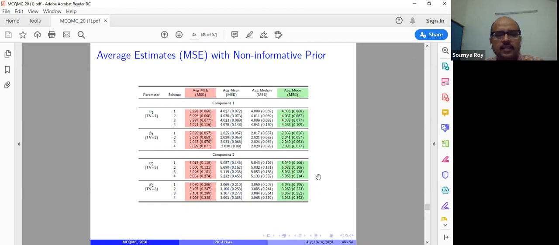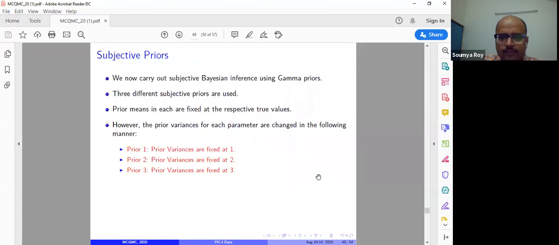So as a result, the precision actually goes down as we move from scheme 1 to scheme 4. Interestingly, among these Bayesian estimators, the posterior mode seems to perform well with respect to MAC. However, if you look at the bias, possibly the median is slightly better on most occasions.